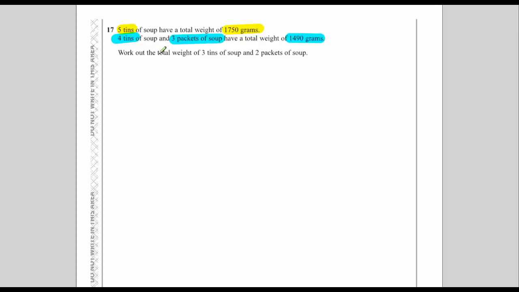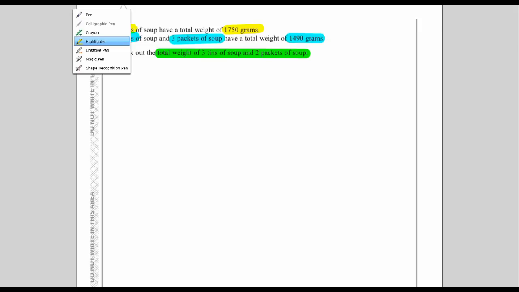Work out the total weight of 3 tins of soup and 2 packets of soup. Now, this is actually a simultaneous equation in disguise. It's quite tricky, but let's have a go. Let's use T to mean tins of soup. And let's use P to mean packets of soup.